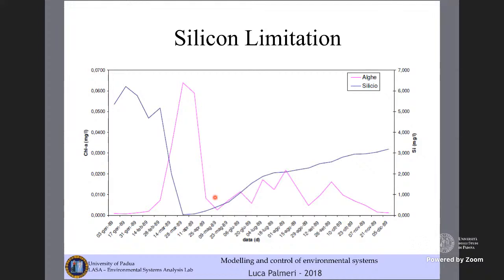And if we compare the chlorophyll A with the silicate concentration, we realize that algae are dying because silicates were totally consumed here. So we have a limiting effect, due to the fact that diatoms are the most diffuse algae in my system, and diatoms depend dramatically on the presence of silicates.